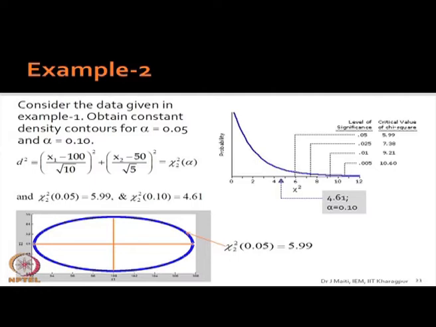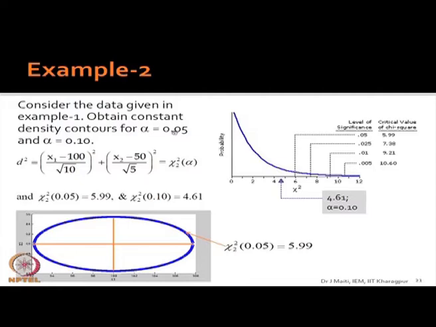Here is one example. Consider the data given in example 1. Obtain constant density contours for alpha equal to 0.05 and alpha equal to 0.01. We have seen that d square, this is (x1 minus 100) by square root of 10 squared, this one we have given earlier, considering this equal to chi square alpha.